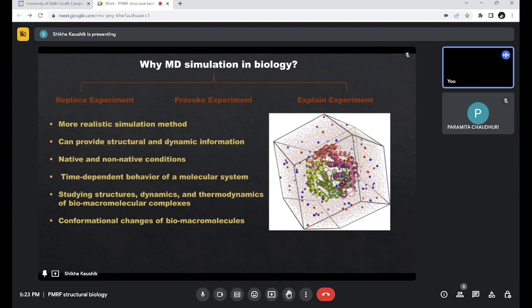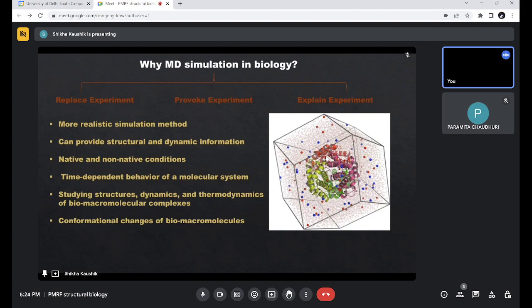It can provide you structural and dynamic information. It can also help you understand the native condition and the non-native conditions as well. So not just the native conformation of a protein is something we are studying. We can do certain changes, and we can understand what all possible conformations this protein can achieve if there are some kind of changes in the amino acid sequence. So the non-native conditions are basically the conditions which are not present in reality.